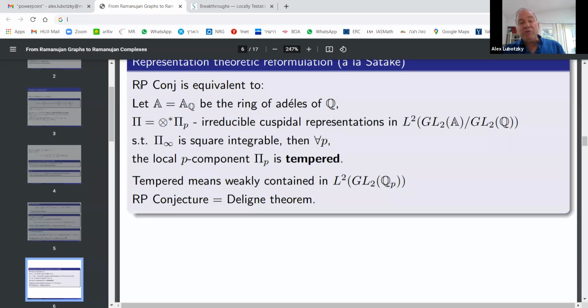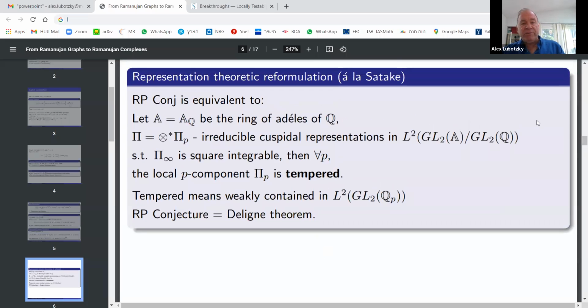Today, the Ramanujan-Petersson conjecture can be reformulated in an almost purely representation theoretic way. And this is relevant for us.